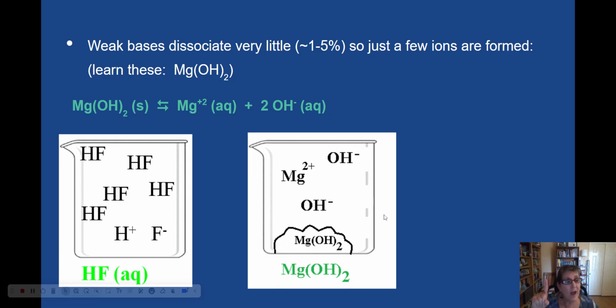Again, only 1 to 5% makes ions. So we're going to draw an Mg 2+ ion and 2 OH minus ions. It has to add up to 0, remember? Because Mg is a plus 2, you need 2 OH minuses to go with it, because plus 2 minus 2 equals 0. Okay, so that's how a picture of magnesium hydroxide base looks.